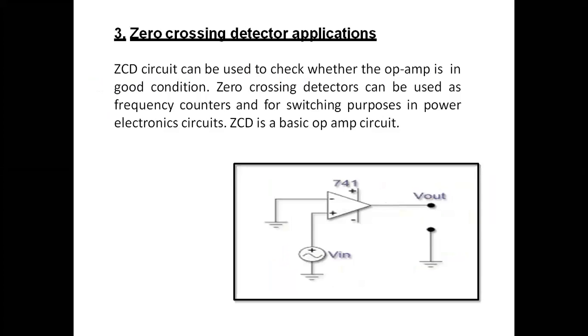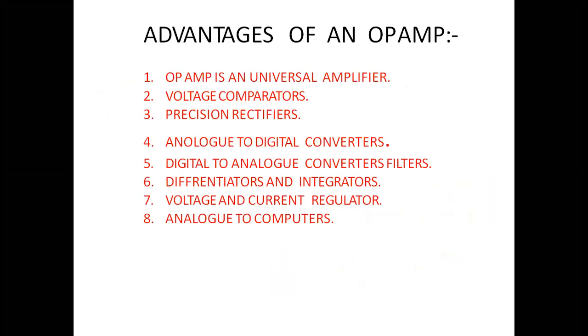Zero crossing detector application: if we use the IC as a zero crossing detector, we can check whether the op-amp is in good condition or not. The zero crossing detector can be used as a frequency counter, or for switching purposes in power electronic circuits.